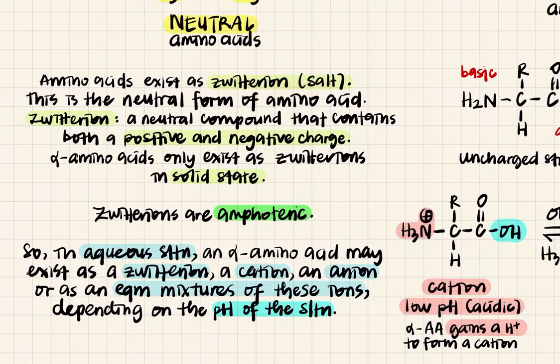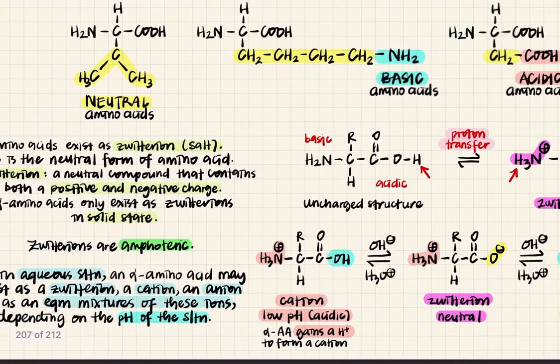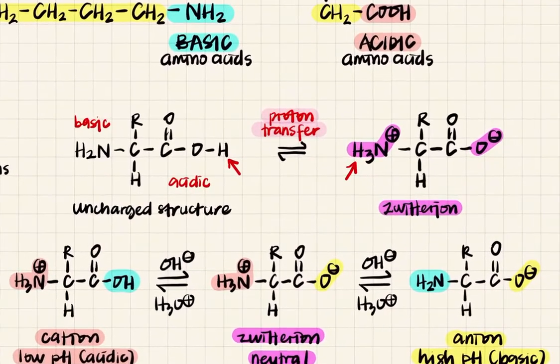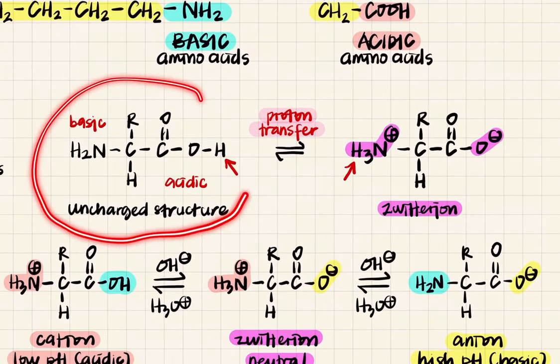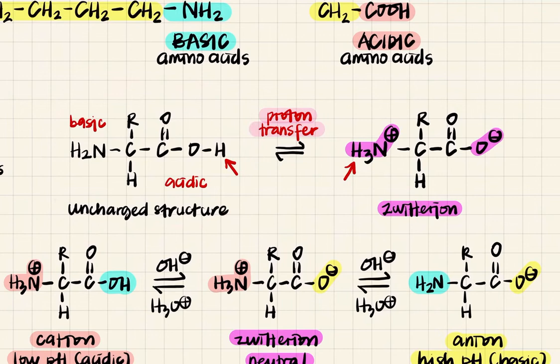It is a neutral compound that contains both a positive and a negative charge, and it exists in the solid state. If we look here on our right, this uncharged structure of your amino acid actually doesn't exist. Your amino acid does not exist in this form. It exists as a Zwitter ion.